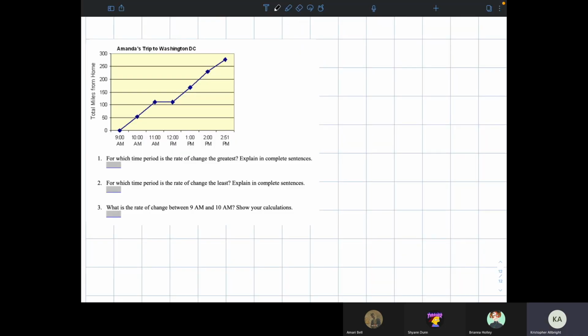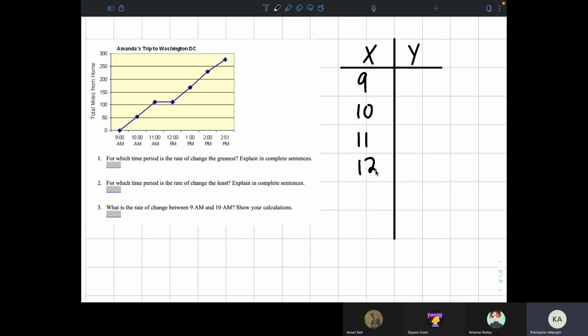So what we need to do first is write a table of values, like we did in our lesson on Friday. And we already have all the information we need. We just need to write it. So we say X and Y, and this is 9 a.m., this is 10 a.m., this is 11, 12, 1, 2.